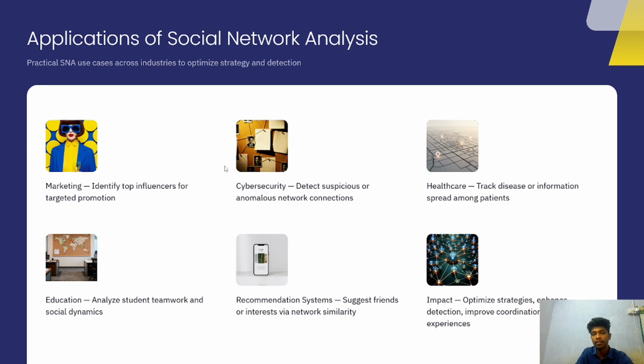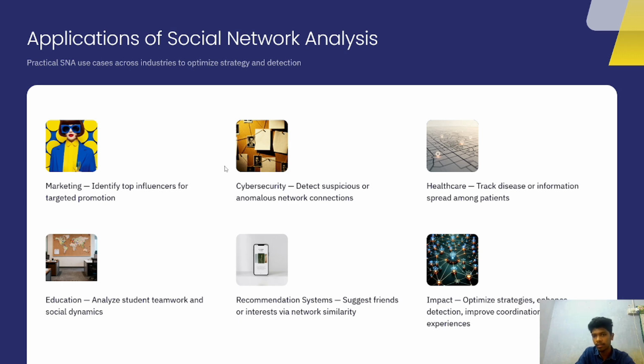In cybersecurity, it detects suspicious or anomalous network connections. SNA helps by detecting unusual patterns, like an employee communicating frequently with an external server, or a group of computers suddenly forming a new tight cluster. These connections can signal fraud, security breaches, or malware activities.